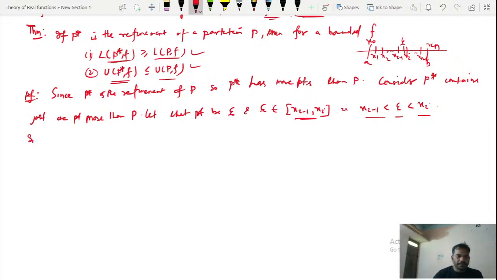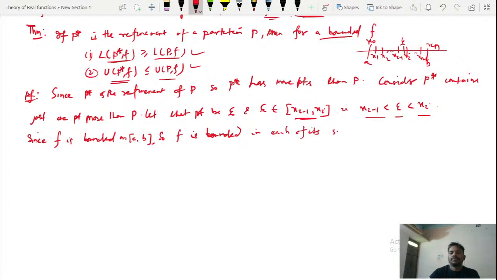Since the function is bounded here, f is bounded on the closed interval [a, b], so f is bounded on each of its subintervals.